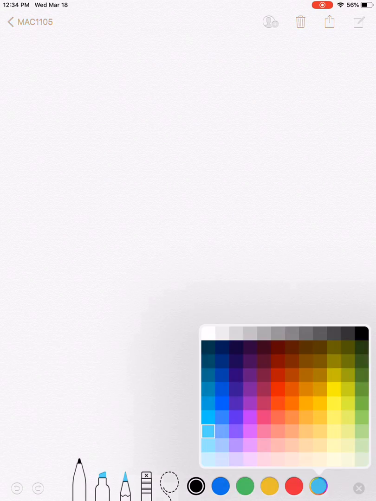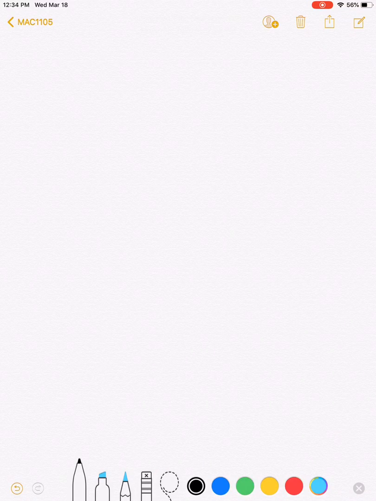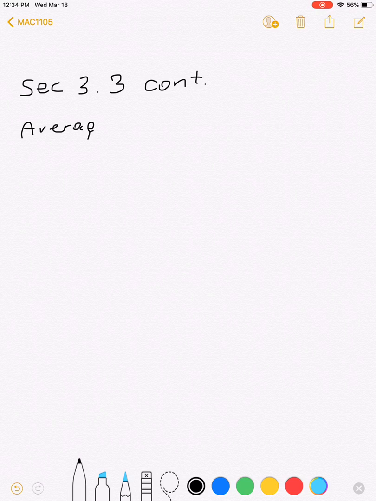So this is section 3.3. We continue, and I want to start with average rate of change of a function, definition.